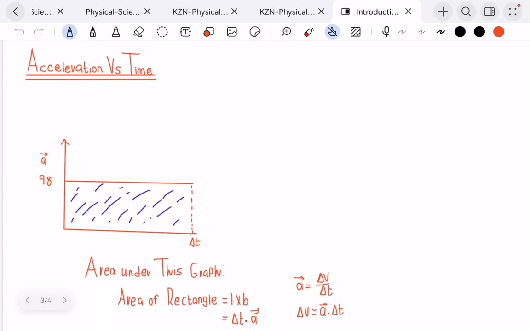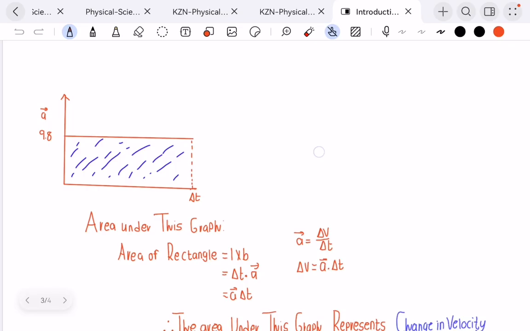And then the last graph that we're going to do is the acceleration versus time graph, right? So the acceleration versus time graph is a very easy and short graph to understand. You don't have to know a lot of things. You just have to know a few things, right? So it's just going to be a straight line like this, a horizontal straight line, because it's always the same.